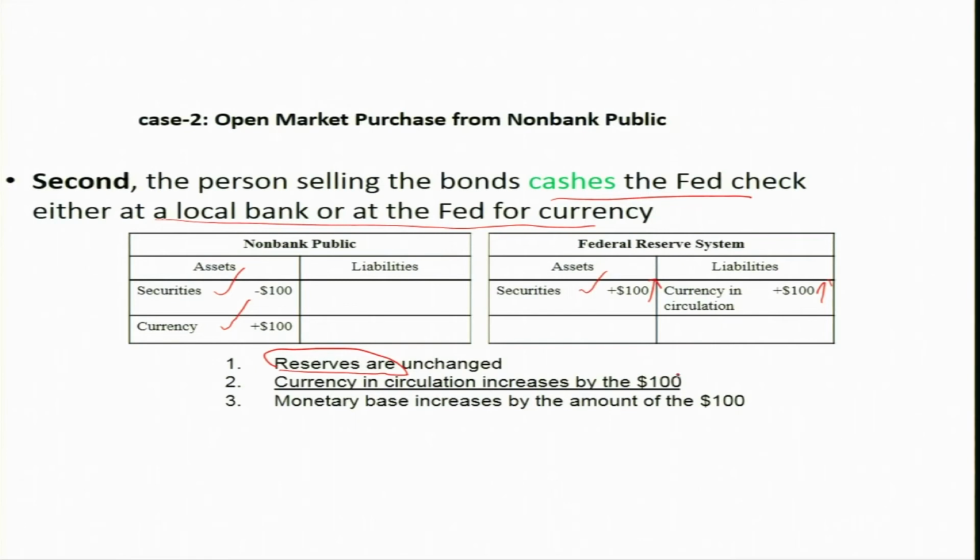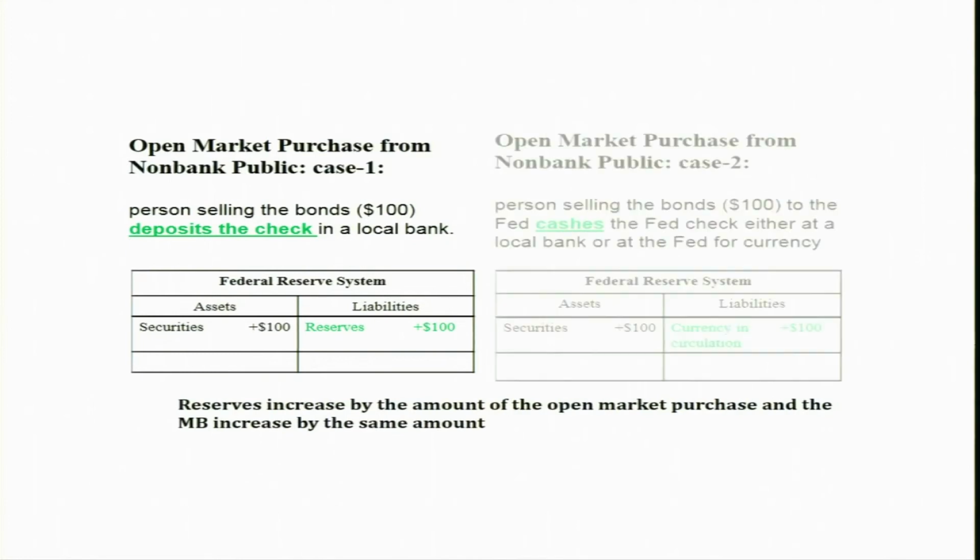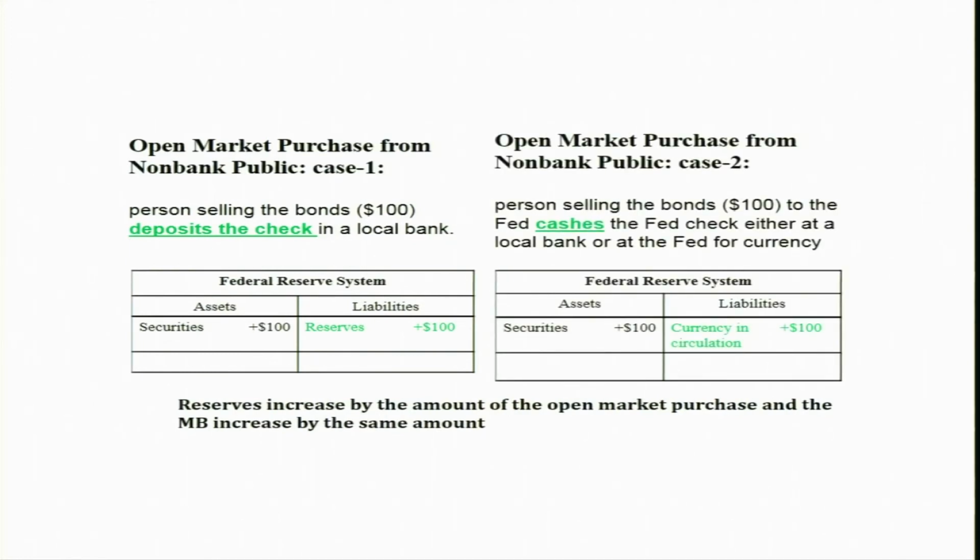So, currency in circulation has increased by $100 and the monetary base, as we mentioned, is C plus R. What we have seen here is that R remains constant, but currency in circulation has increased, thereby the monetary base also increased by $100. So, the summary we can make is that in the first process, if the proceeds are deposited in a bank, reserves increase.